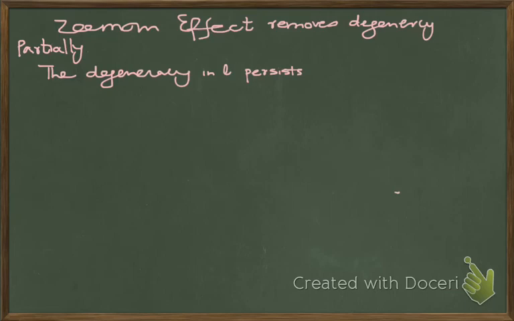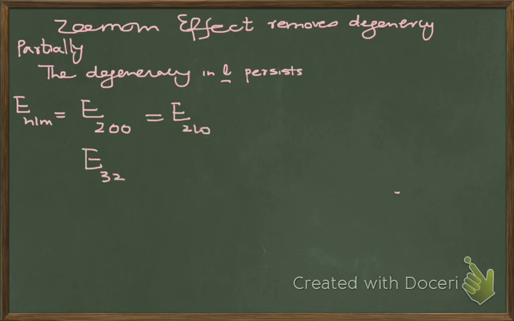The Zeeman effect removes degeneracy partially, and the degeneracy in angular momentum L persists, and you can see the degeneracy: E200 is equal to E210, or the levels E32-1 equal to E31-1.